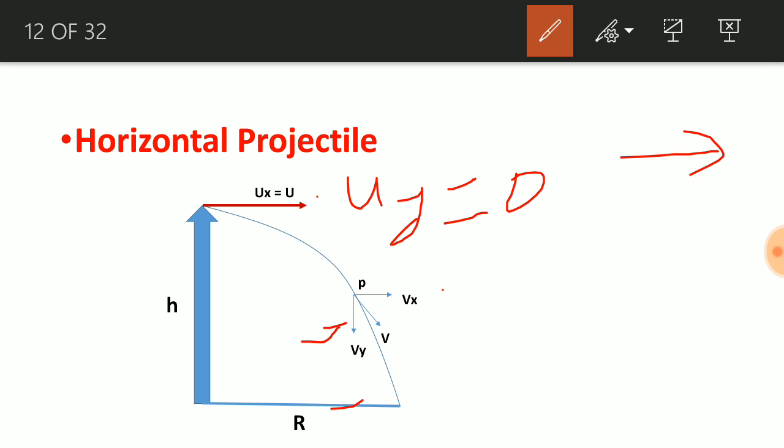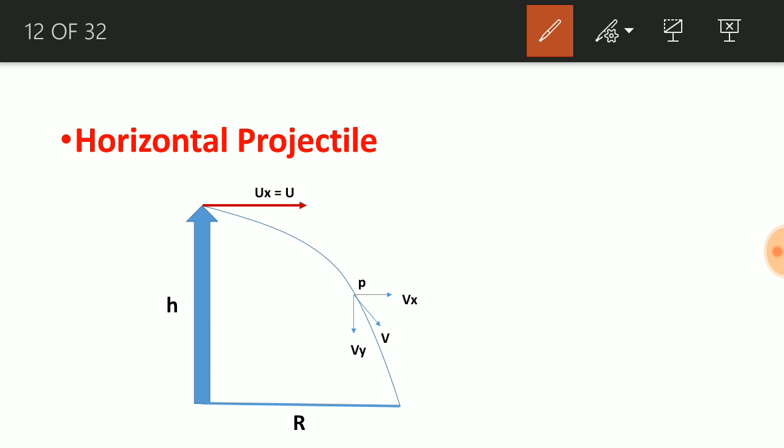Its velocity towards the x-axis was already there, that will not change, but it will gain y-axis velocity, because it descends in this direction. It goes down, it travels distance towards the y-axis also.